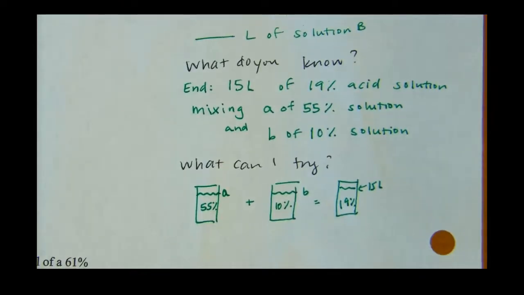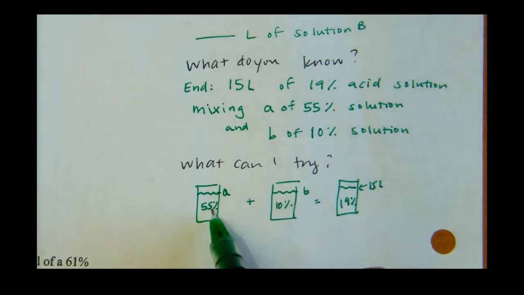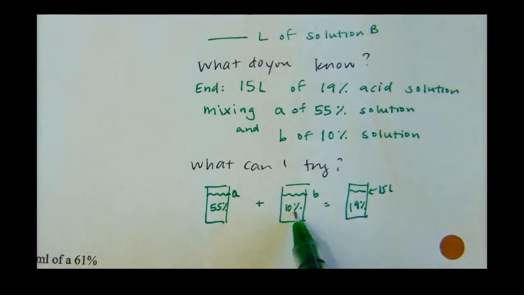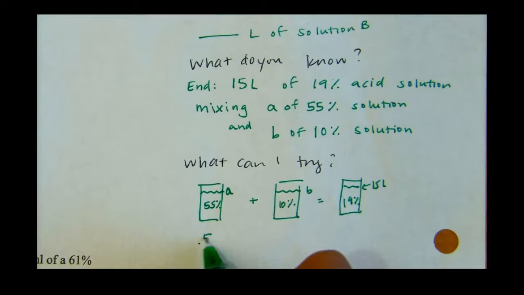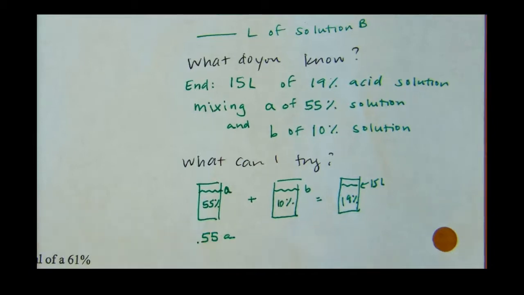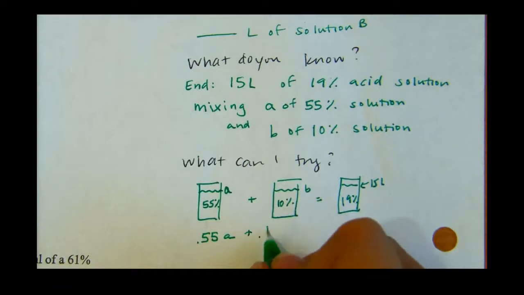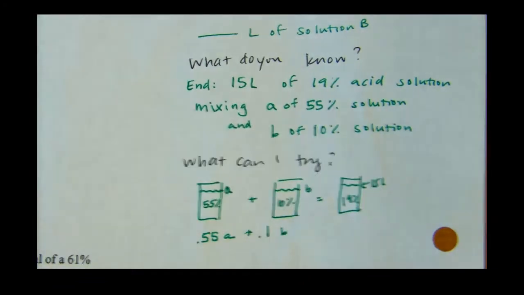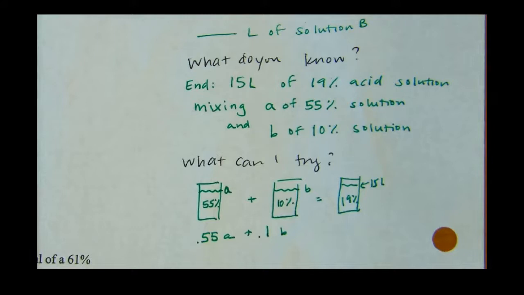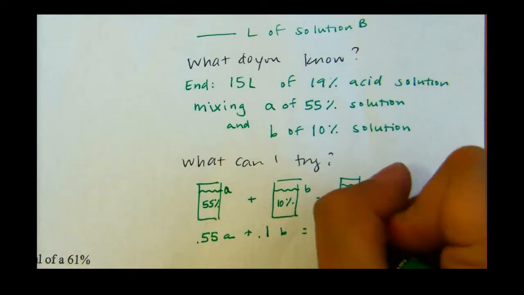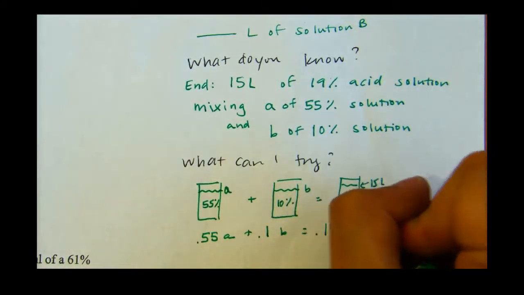That's one equation I could set up, just like the last problem. I convert my percentages to decimals: 0.55 times solution A plus 0.1 times solution B equals 0.19 times 15.